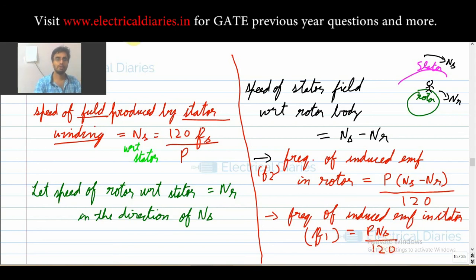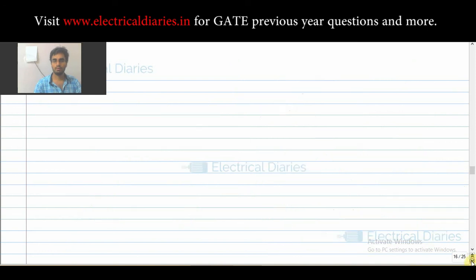Now using 1 and 2, you can easily conclude this expression as F2 is equal to S F1.